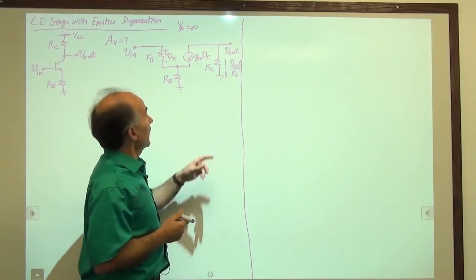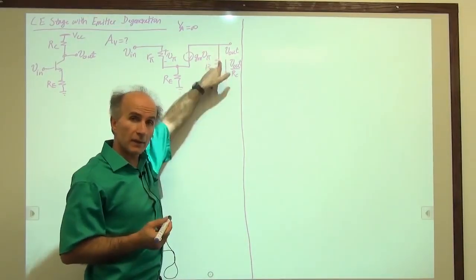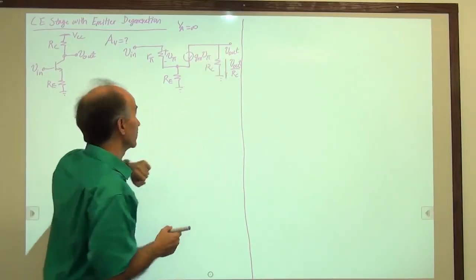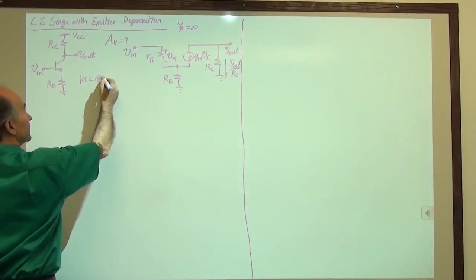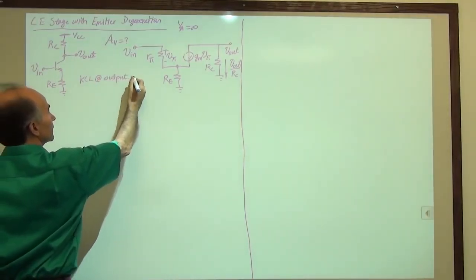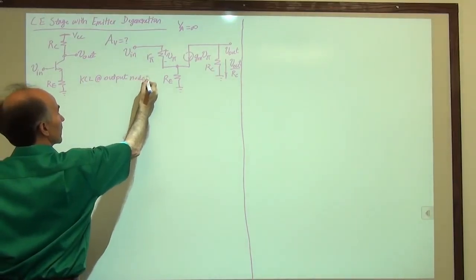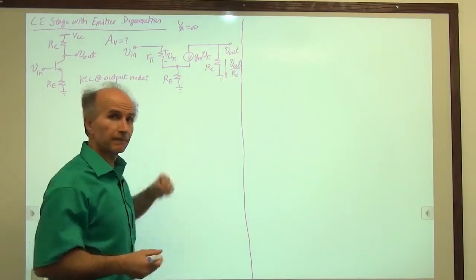Well, can I write the KCL at this node? I have only two currents, this current and that current. So let's write the KCL here. KCL at the output node will give us: this current plus this current must be 0.